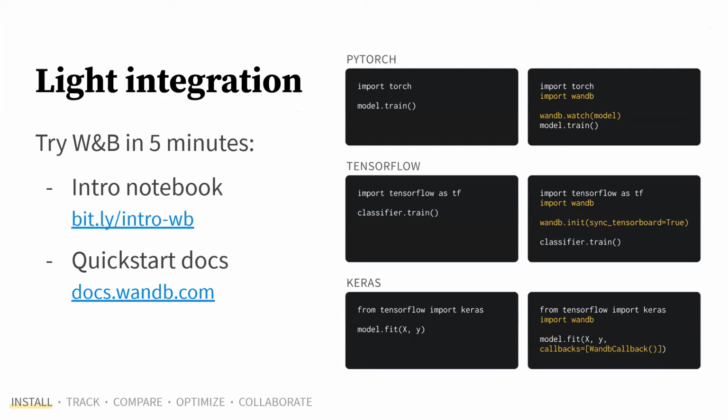So real quick, we have integrations for all the standard frameworks that we use: PyTorch, TensorFlow, Keras, Hugging Face, Fast AI. It's really easy. You just have to import wandb, initialize a run by calling wandb.init, and you can just use some integration that we have, say WandbCallback, or you can do your custom loop where you call wandb.log.